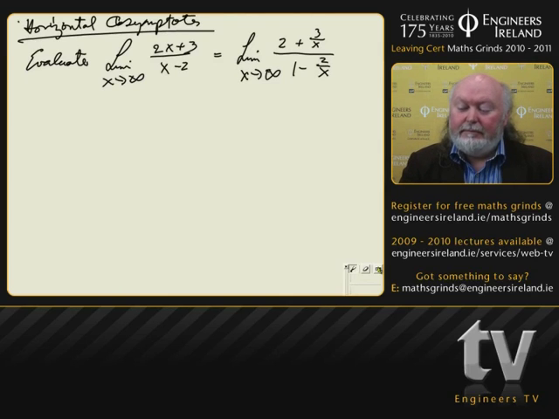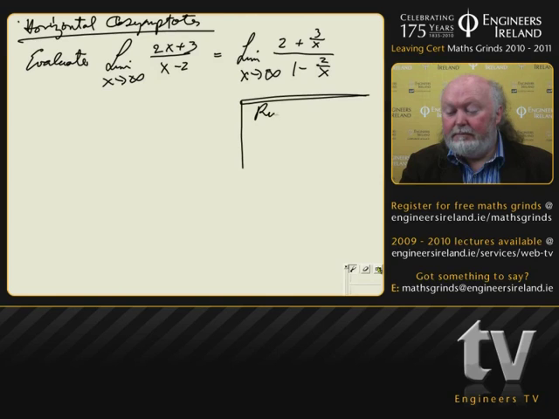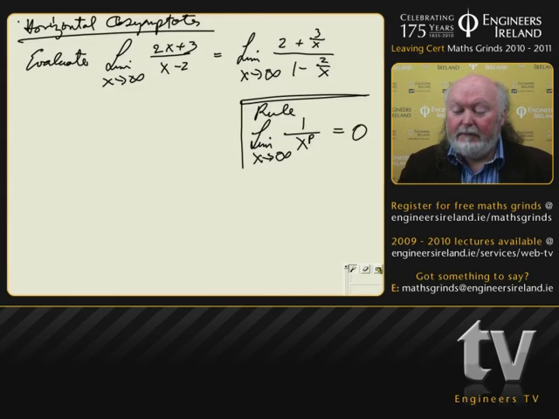We had a rule for any power p. We're basically saying that the limit of 1 over x to the p goes to 0 as x goes to infinity.